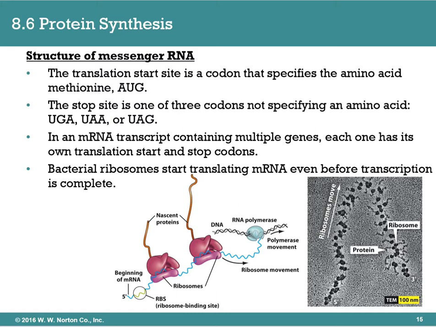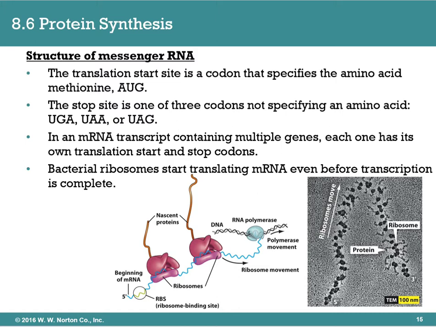A codon is 3 nucleotides together, so A, U, and G are 3 nucleotides. AUG is the abbreviation of August, and school starts in August. So that's one way to remember it. If you don't like it, that's perfectly fine. It's kind of lame, but that's the best I got.